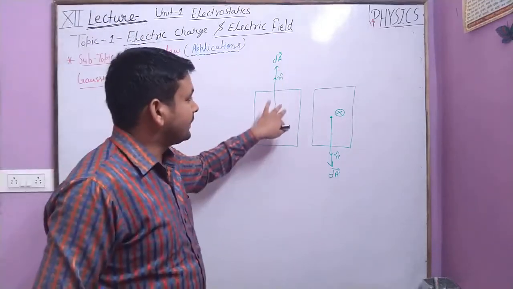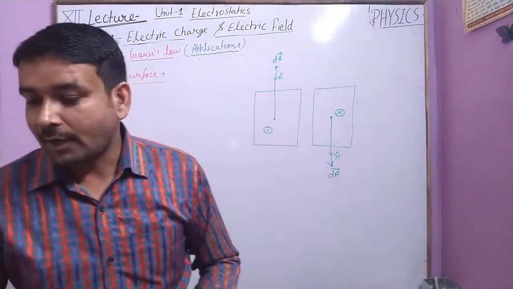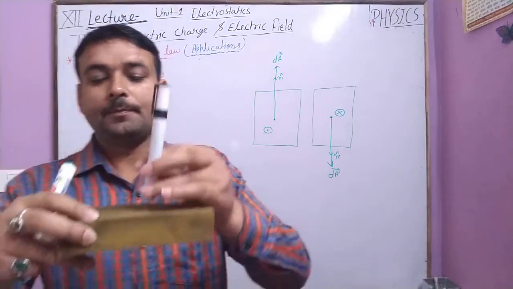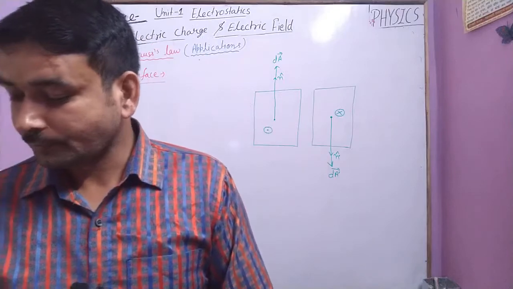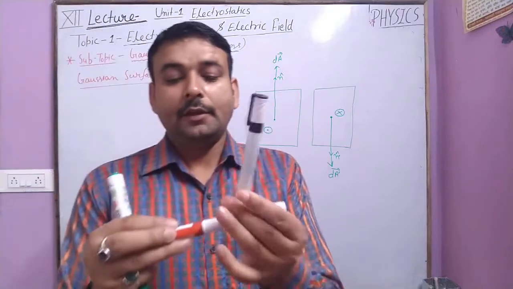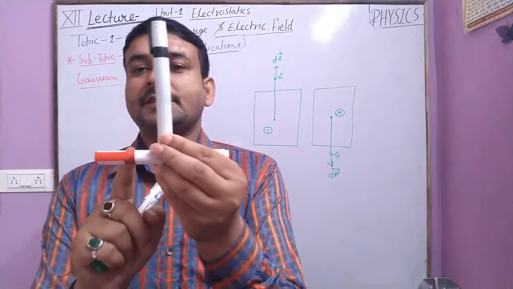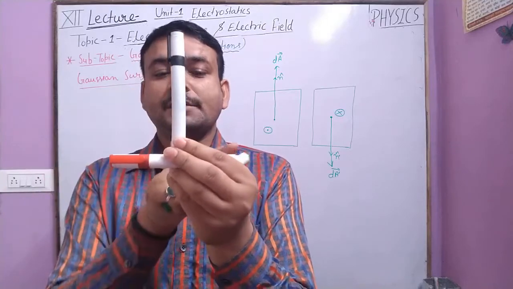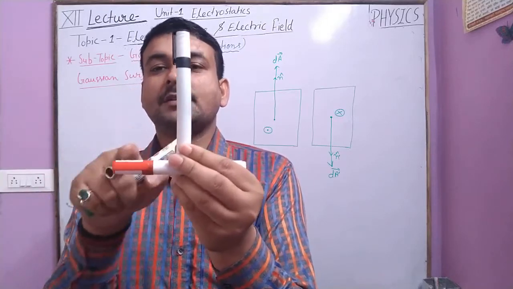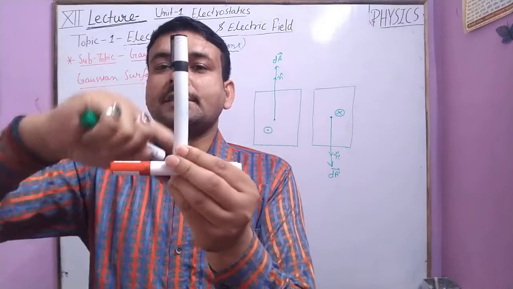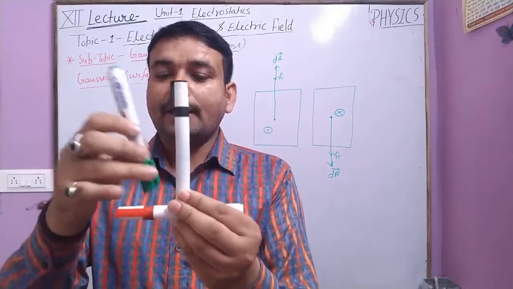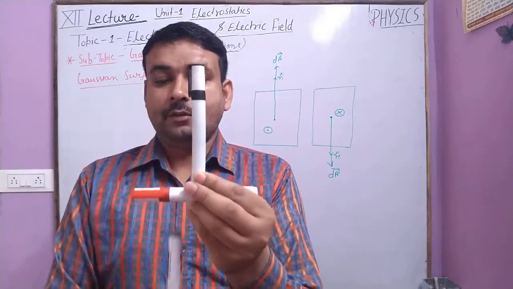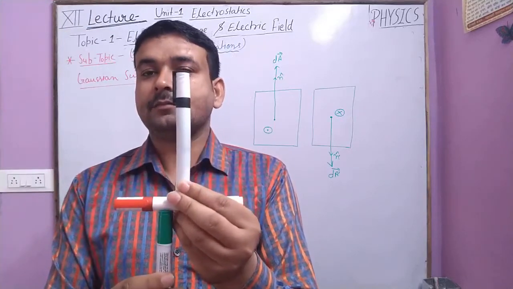Basically we conclude this relation with the electric field. Now understood. Suppose this red marker is expressing the surface. This is the direction of the area vector, vertically upward, and an electric field is moving in such a way.